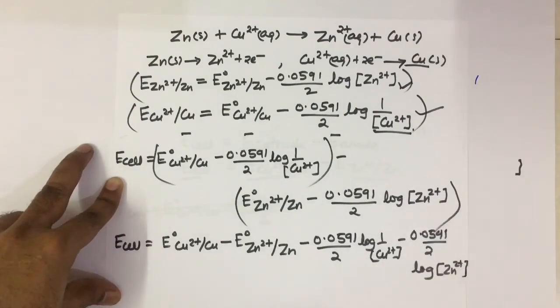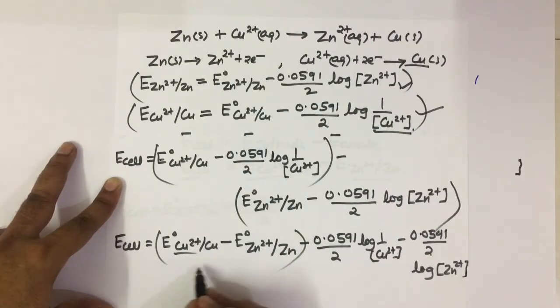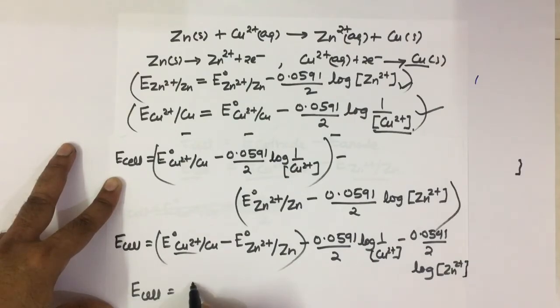Now this is E naught cathode minus E naught anode, which is equal to E naught cell.